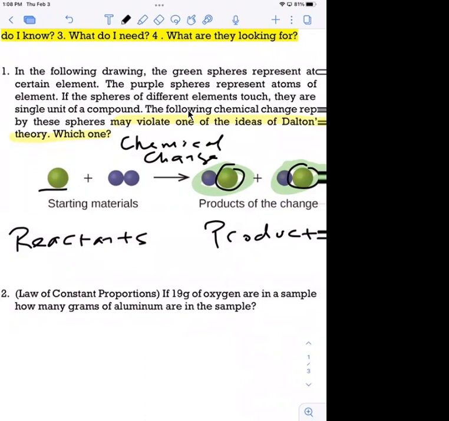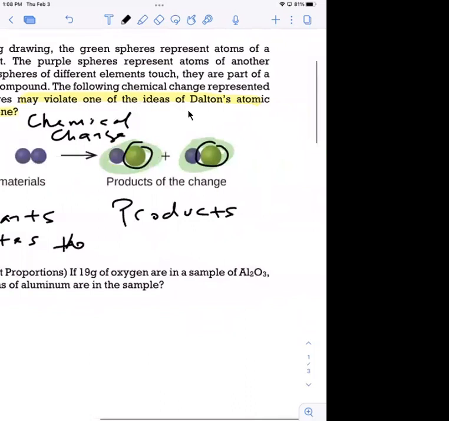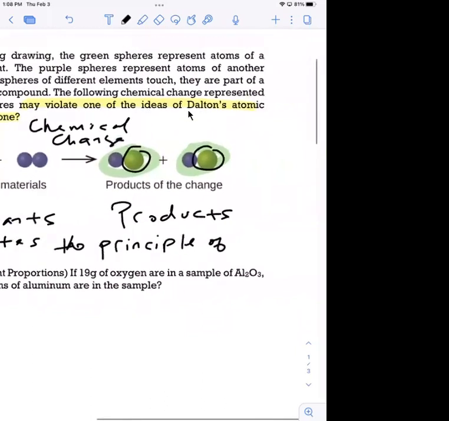No. The rule just says that it's indivisible and indestructible. So you can't divide it and chop it in half. So this actually violates this principle. I'm just going to say the principle of indivisibility.